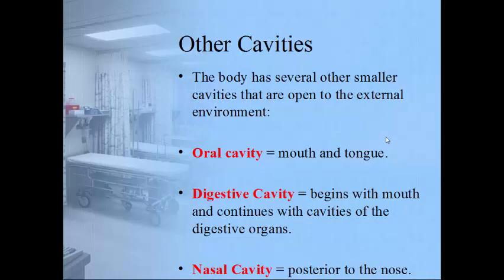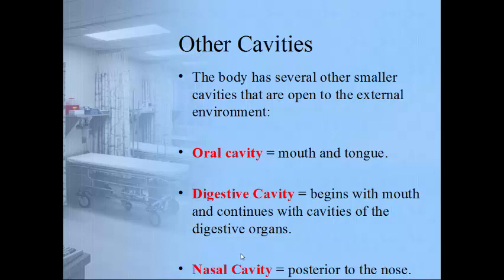Alright, there are some other cavities that the body has that are a little bit smaller, but we'll go over them just briefly. The oral cavity, of course, includes the mouth and the tongue. The digestive cavity will begin with the mouth and will continue all the way throughout the digestive system. And we'll talk about that more a little bit later in the course.